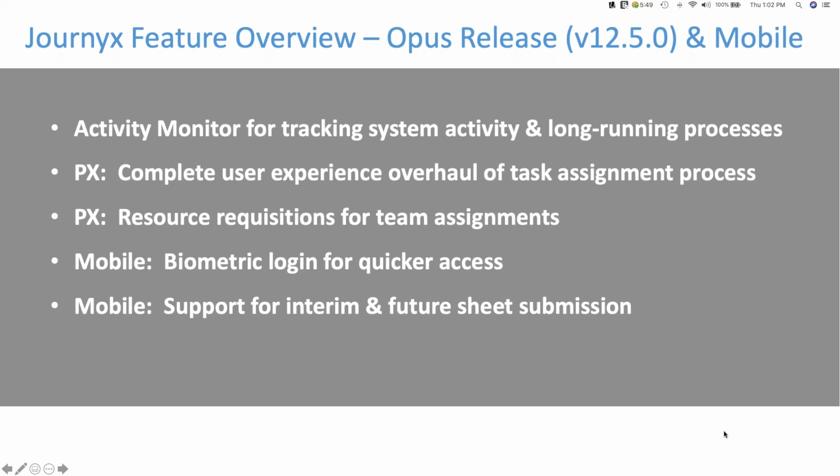And it has a lot of pretty major improvements, and we'll do a quick overview of what the process looks like and how that's been improved, as well as resource requisitions for Journyx PX that allow you to request that a resource manager assign individual resources where you as the project manager have already made a team assignment. So we added that team assignment ability to pass that along to the resource managers to break into individual assignments. And then finally, we'll take a look at what's coming in mobile as well with this release.